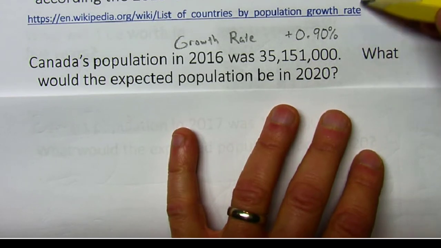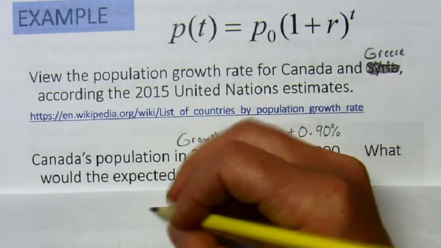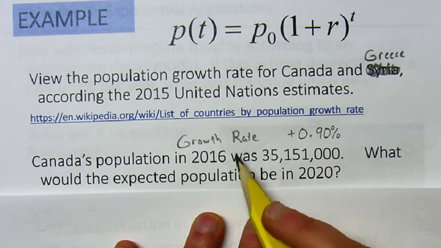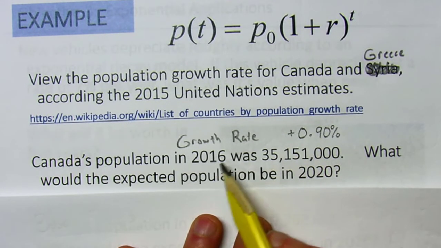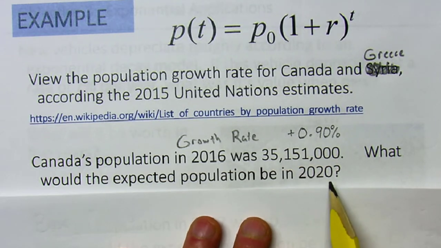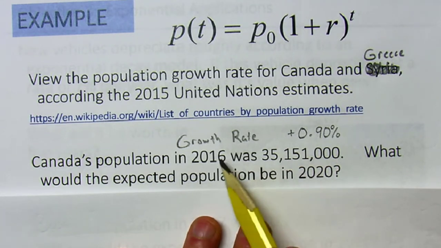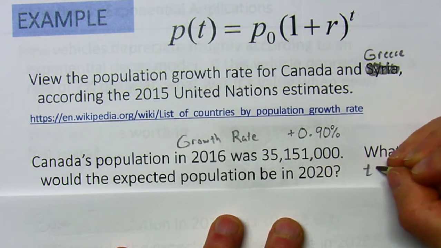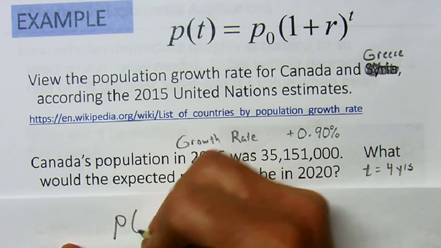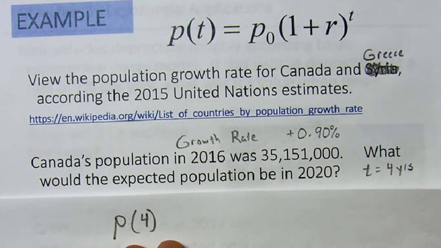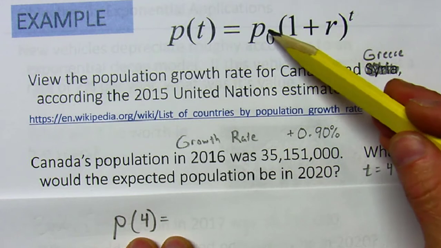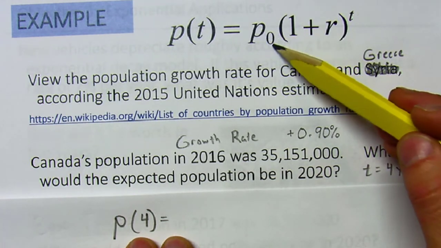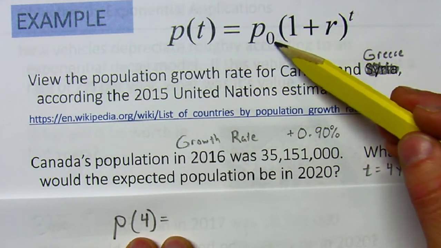Now it is positive, which means Canada's population is growing, but not very fast. So let's plug these numbers into our formula. How much time are we going to let pass here? We know what the population is in 2016. We want to know what it is in 2020 or right now. Well, that's a difference of 4 years. And so the population 4 years after we have the initial population in 2016 is equal to our initial population. Anytime we have a subscript on a variable of 0, that means the original number.